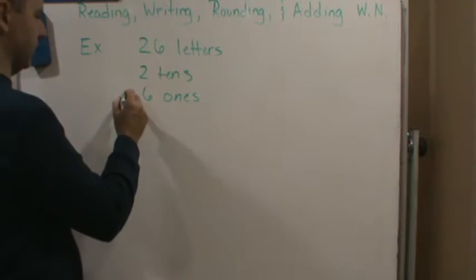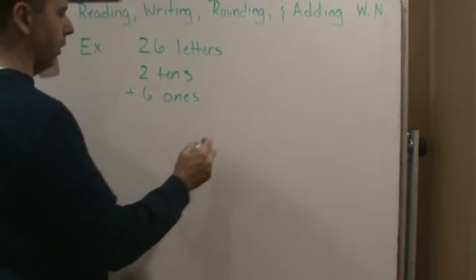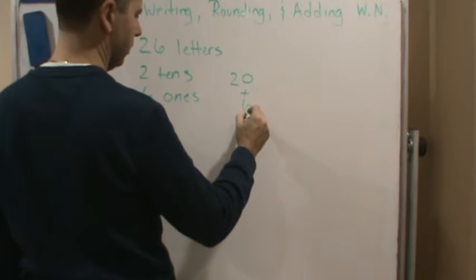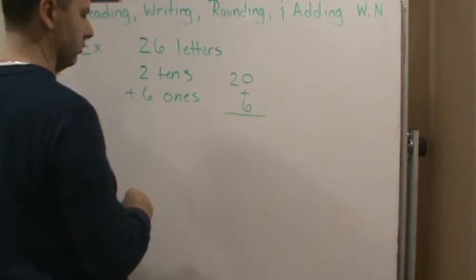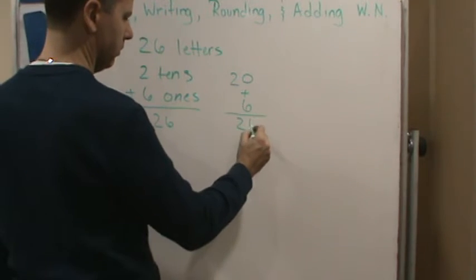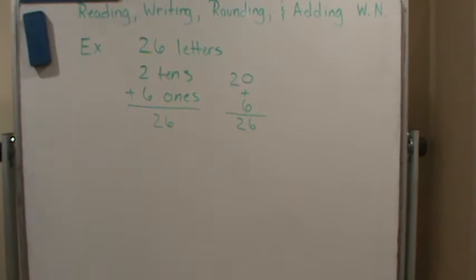And we're adding these, right? Or we could say that there are 20 plus 6, and it gives us 26.